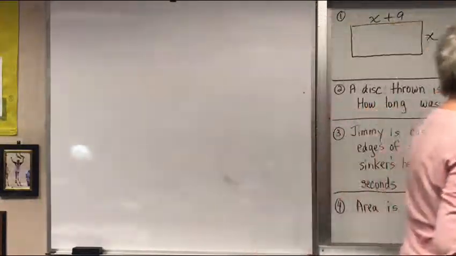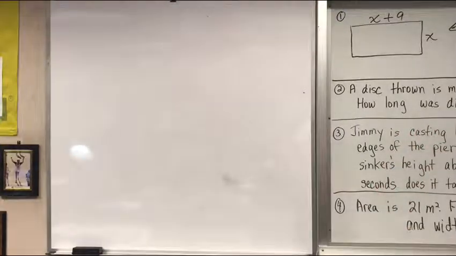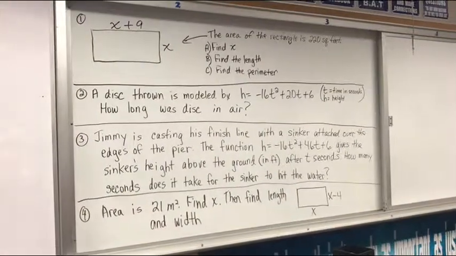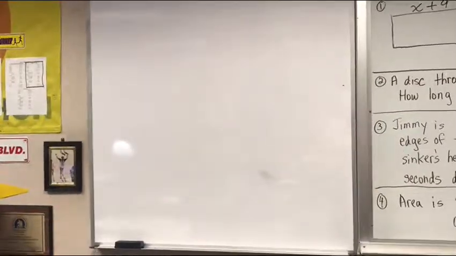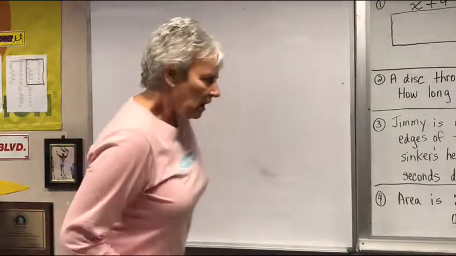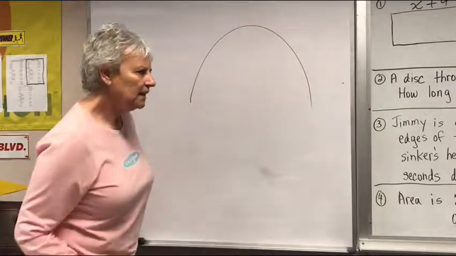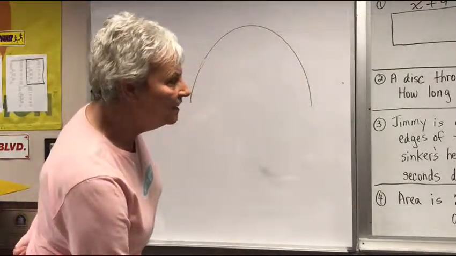Okay, we're going to do number 3. Let me just put the camera on it. If you're home, you can just pause it. There we go. All right, number 3. Casting. He's fishing.